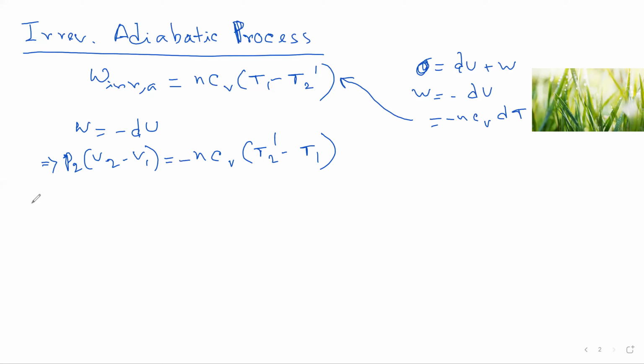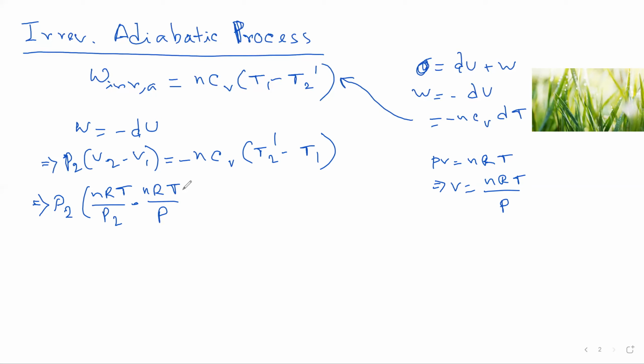Now we'll replace V2 and V1 using the ideal gas equation, PV equals nRT, or V equals nRT by P. So this will be P2 into nRT2 prime by P2 minus nRT1 by P1, equals minus nCv into T2 prime minus T1.